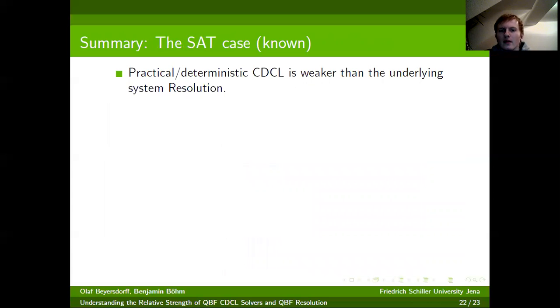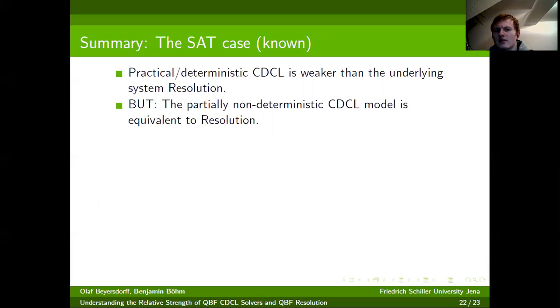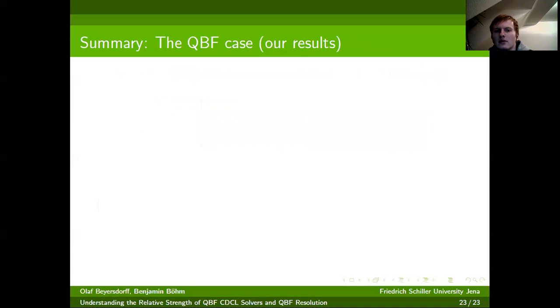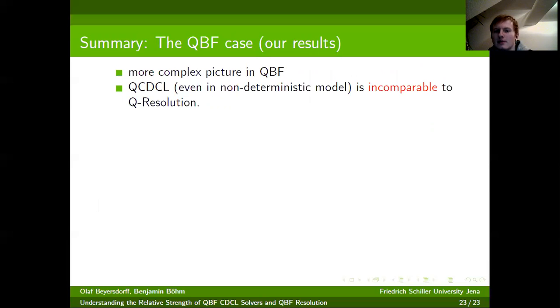Okay, so let's summarize what we did so far. In the SAT case, we have seen that practical and deterministic CDCL is in fact weaker than the underlying proof system resolution, but the partially non-deterministic model is equivalent. So we get this overview, and then again the QBF case is a little bit more complex.